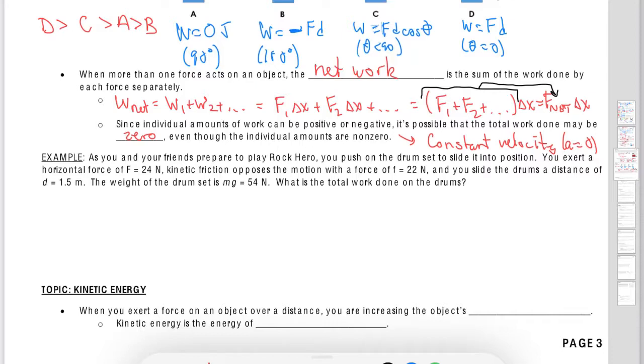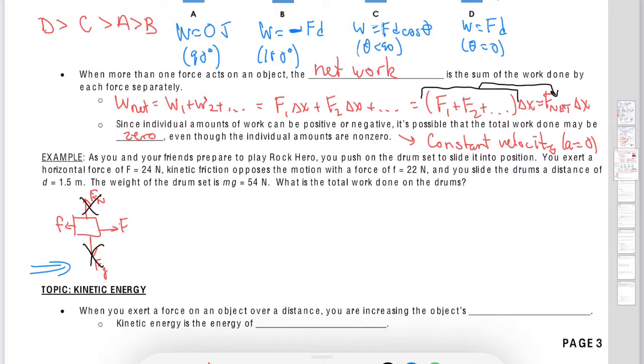Sometimes when you do these problems, it may be helpful to draw a free body diagram, kind of the stuff we learned from Unit 2. One thing you can notice from the free body diagram is that if my motion is to the right, that automatically eliminates Fn and Fg from doing any work because they're perpendicular to the motion.